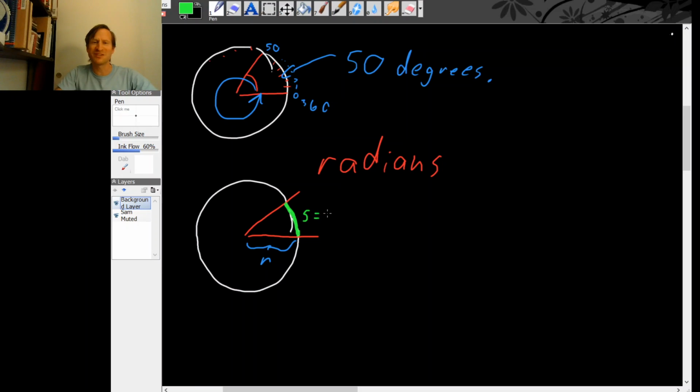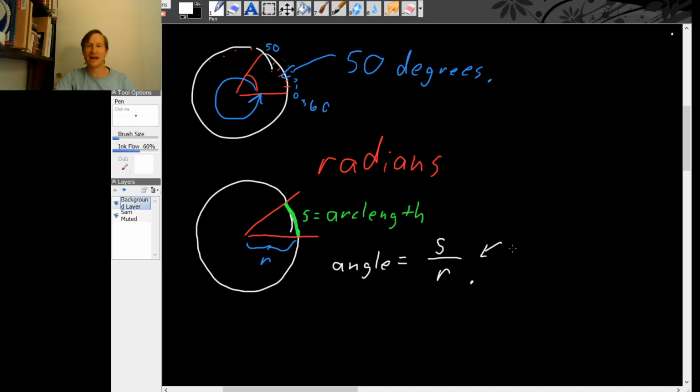S is, for some reason, the traditional letter for arc length. So the length along the circle is called the arc length, and it's abbreviated s. And then the measure of the angle is the arc length divided by the radius. And this unit, this way of measuring angles, is called radians. So we'd say s over r radians.